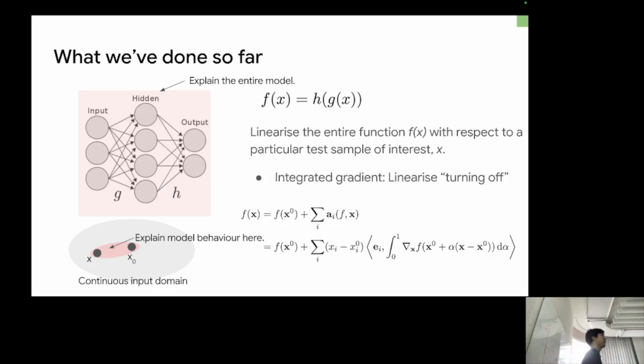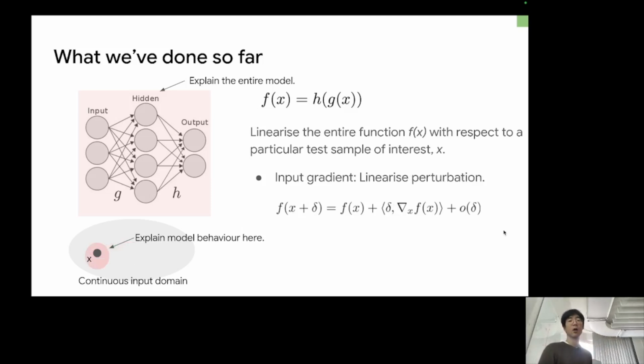Wait, sorry, what is the small o function? Oh, okay. Small o of delta means that when you decrease delta to 0, the rate of decrease here is smaller than linear. For example, delta squared is little o of delta. Do you know big O notation? Big O notation means the rate of decrease or increase is exactly the same.